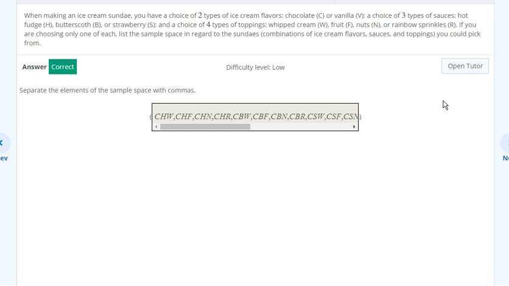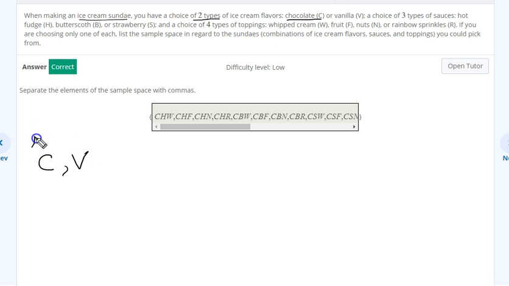Now, another type of example you're going to get is something like this. So you read it over carefully, and you see you're going to make an ice cream sundae. You have choices of 2 types of ice cream flavors, chocolate, which we'll put here, and vanilla, which we'll put here.